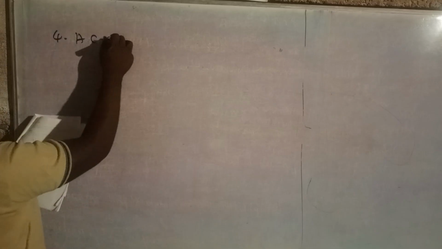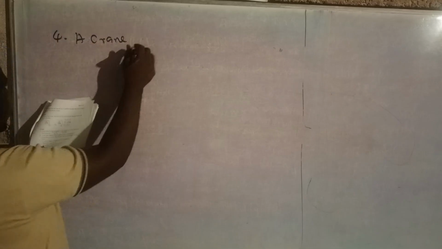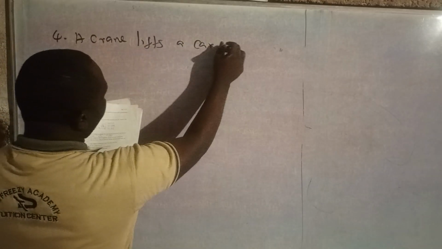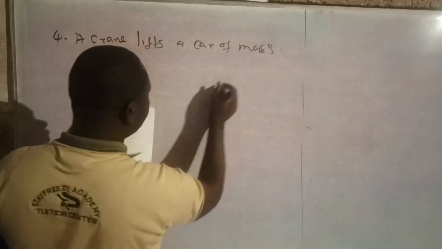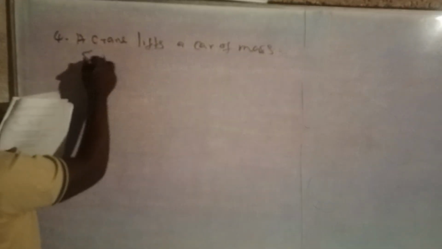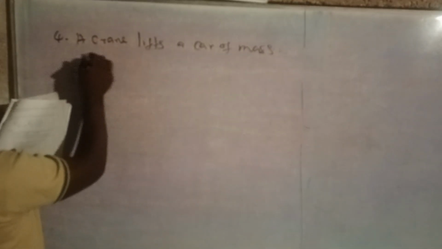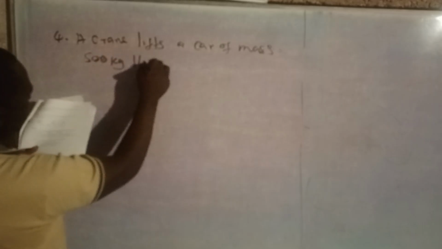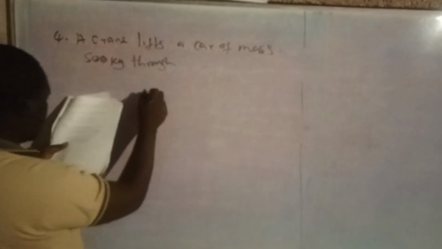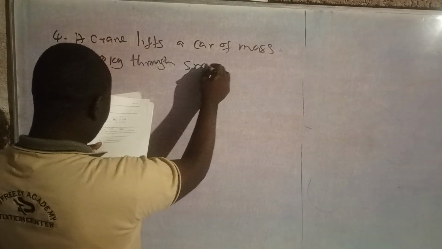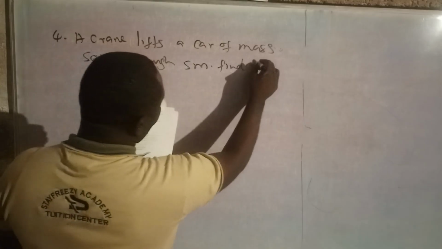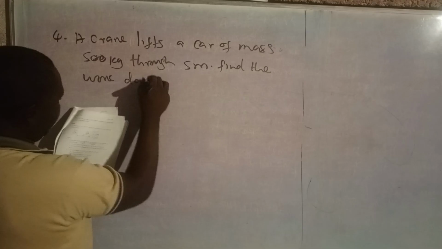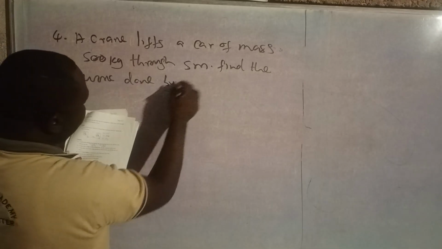A crane lifts a car of mass 500 kg through 5 meters. Find the work done by the crane.